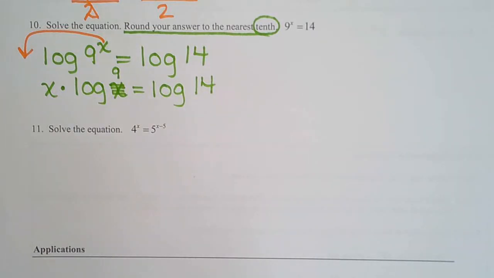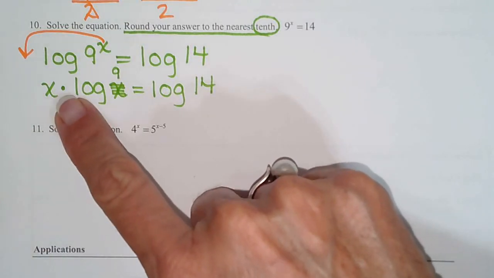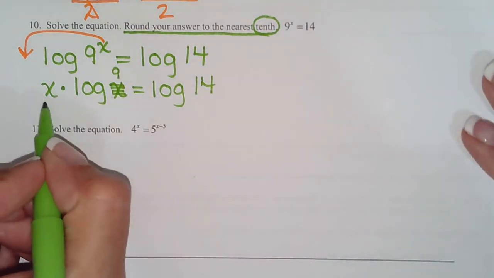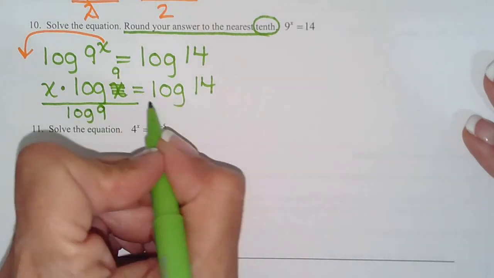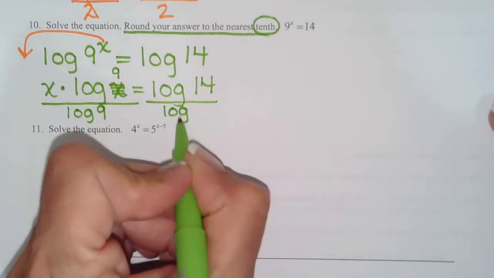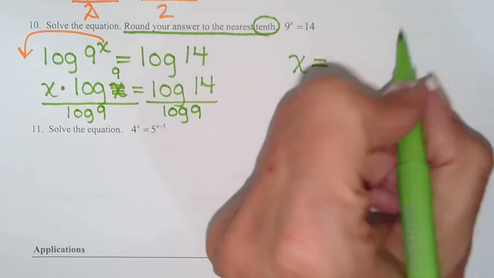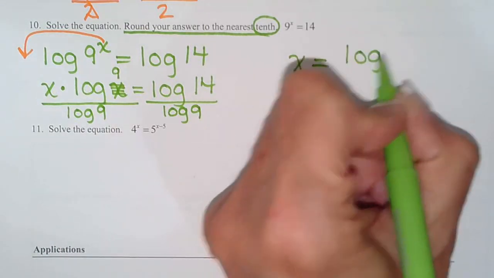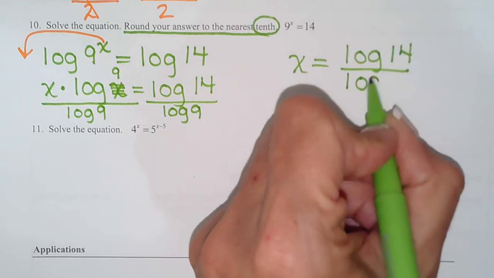Get x alone, I do the opposite. So what's the opposite of multiplying by log of 9? Dividing by log of 9. So if the problem had just said solve with no rounding, this is what you would type into your computer or write on your paper pencil test.